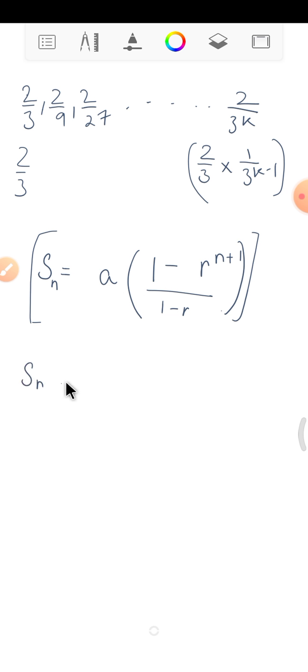S_k minus 1 would be 2 by 3 into 1 minus 1 by 3 raised to power k. You can see that it is actually k minus 1.